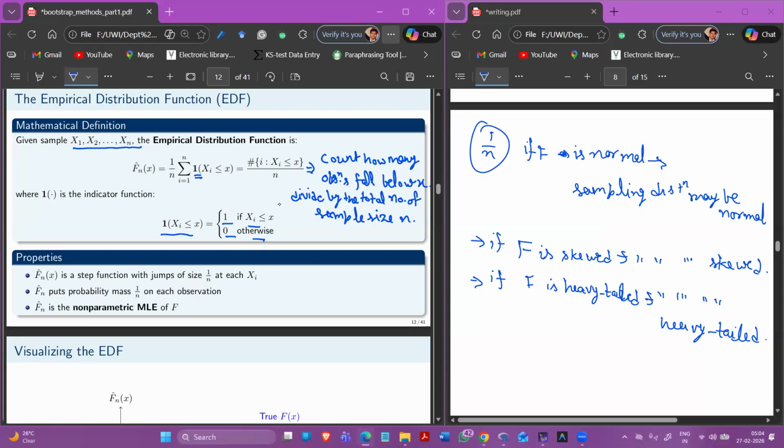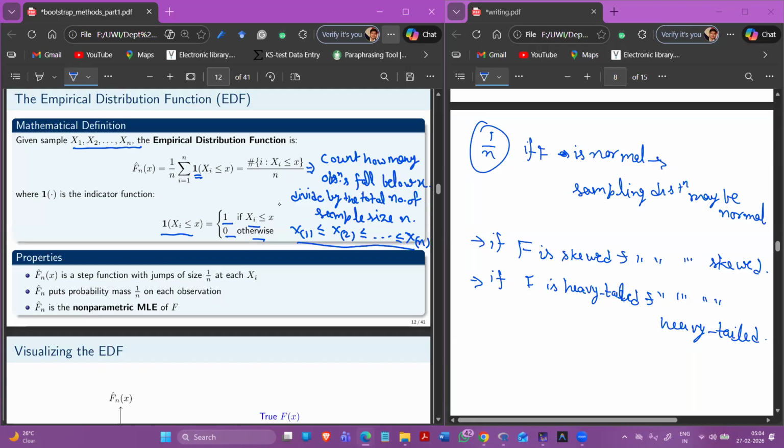So I will get the observations like this: x1 <= x2 <= ... <= xn. That will be my observed sample in the empirical CDF because of the indicator function. If it is not small, it will be removed. Otherwise, if it is small, I will keep it.